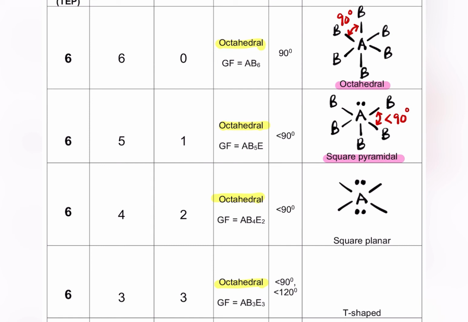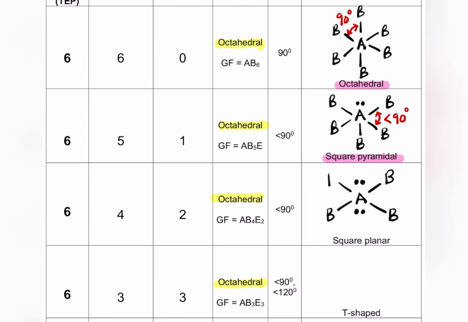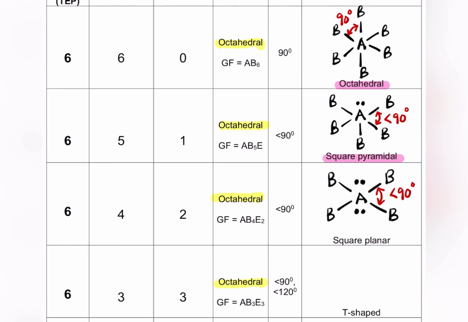So, this is going to be bonded to B, iaitu terminal atom awak. And what's next? You see here, the bond angle from here to here masih lagi less than 90 degree. And the name of this structure adalah square planar.